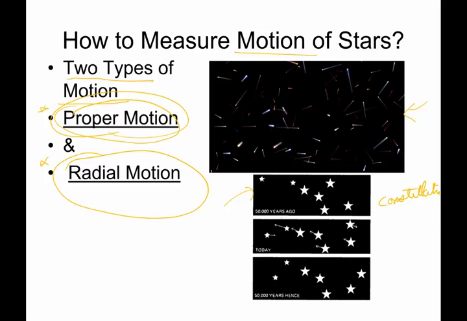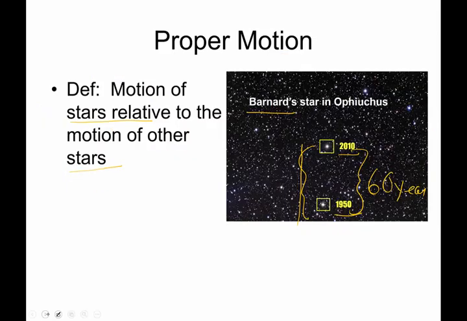Today, the Big Dipper might look something like this. And in 50,000 years in the future, it's going to look more like a big swirly S or something like that, because the stars are moving, but sometimes they are moving so slow we can't really tell.